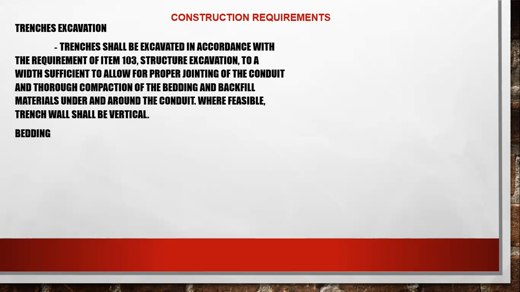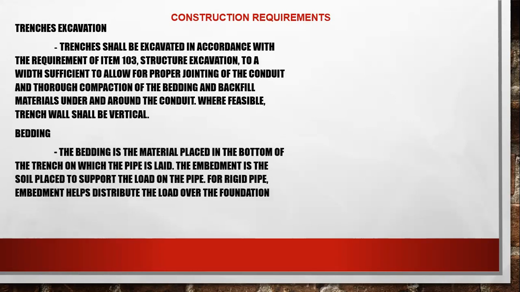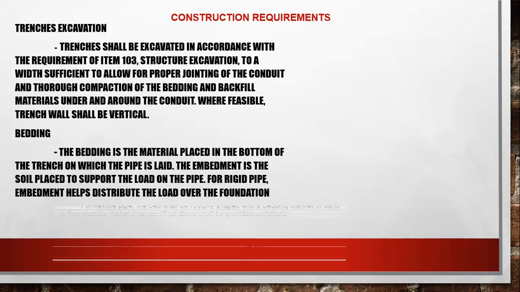Next is the bedding. Bedding is a material placed in the bottom of the trench on which the pipe is laid. It is the first thing placed before the pipe.